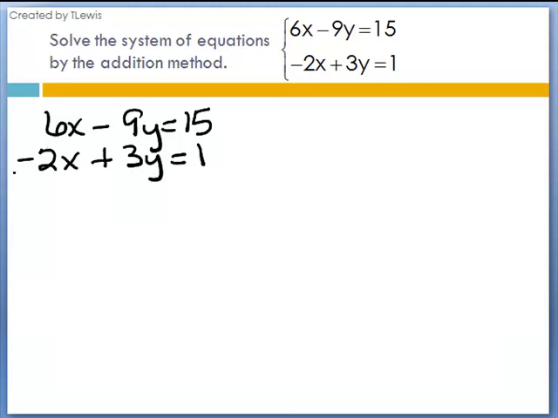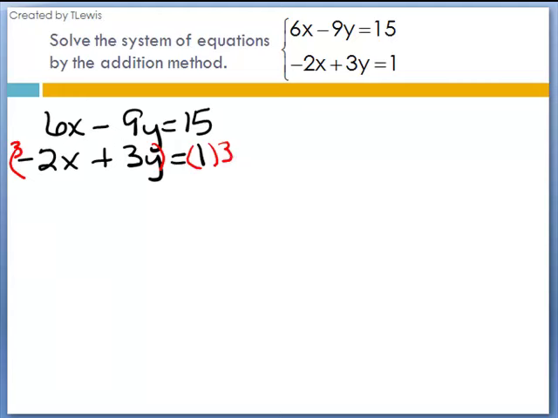Well, here we just need to multiply just the second equation. We want this negative 2x to become at least 6x, and we know it's still going to be negative. So what must we multiply the second equation by? Well, we're going to multiply it by 3. And you have to do it on both sides. Multiply it to every term.